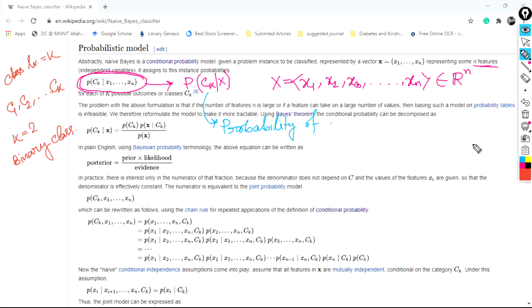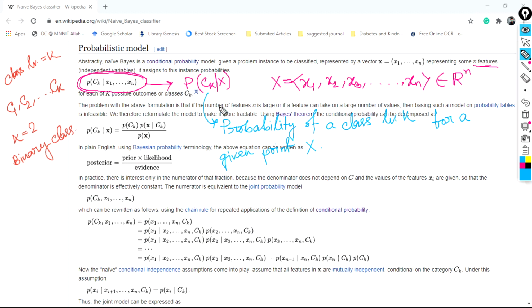So this means the probability of a class label k, or if we have i, the probability of class label i. Since here we use Ck, it is the probability of class label k for a given point x. This is the English meaning of this notation.